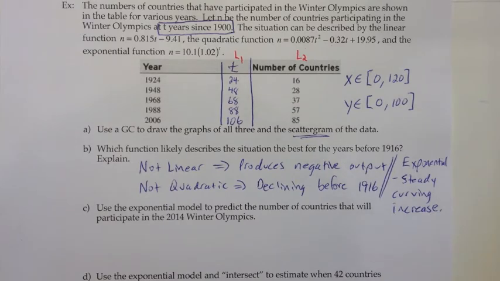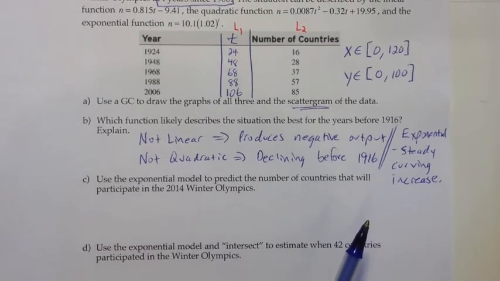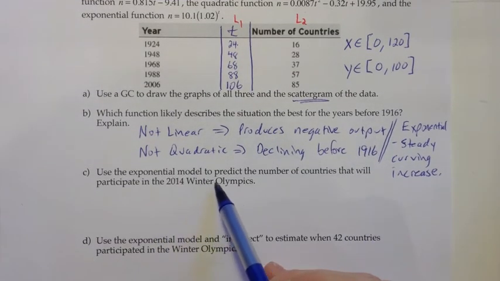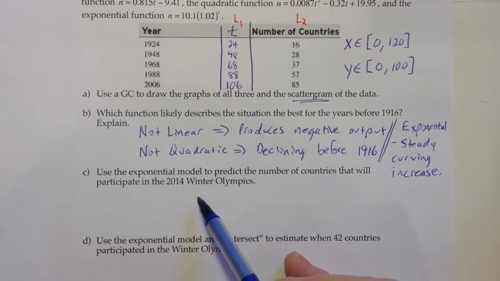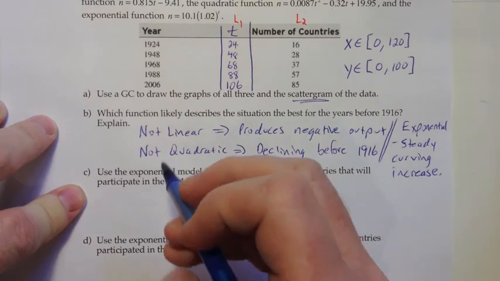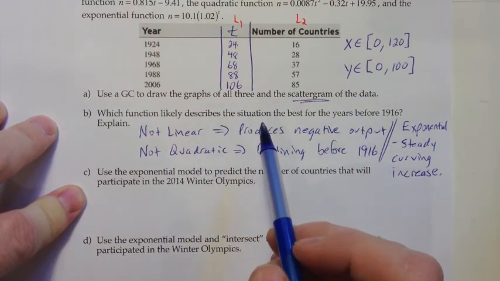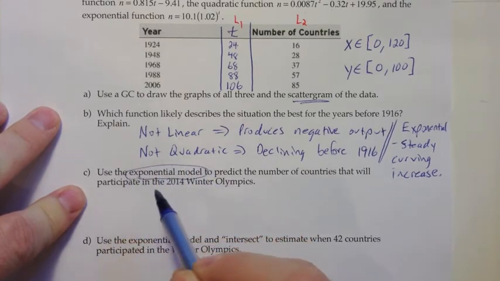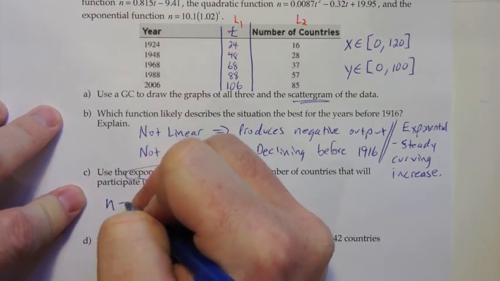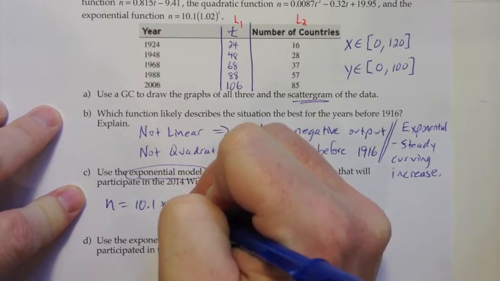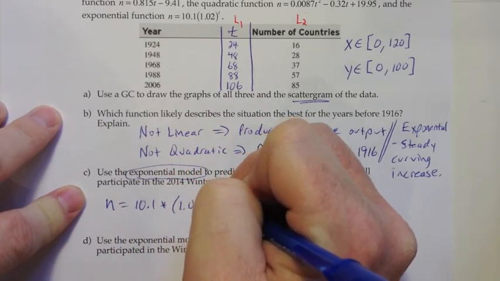Alright, so we're going to pick the exponential as being the best one, and now we're going to use that to do some estimating. Use the exponential model to predict the number of countries that will participate in the 2014 Winter Olympics. We're going to use n equals 10.1 times 1.02 raised to the t.